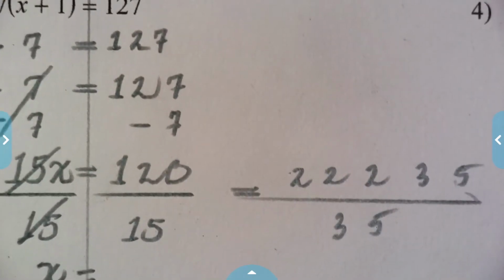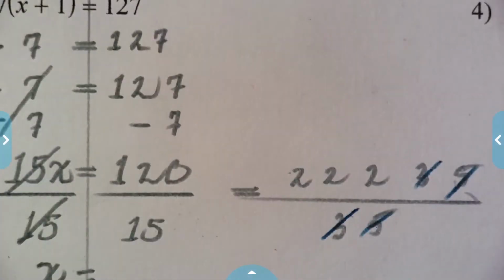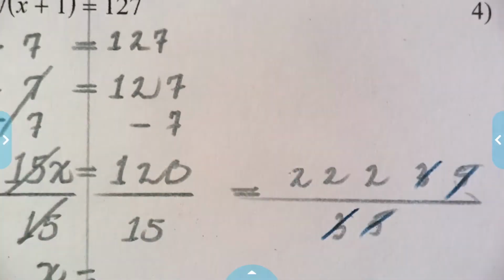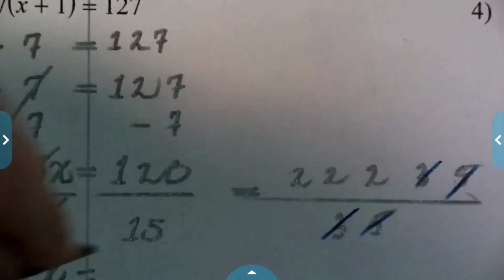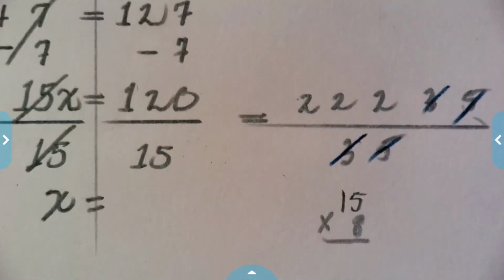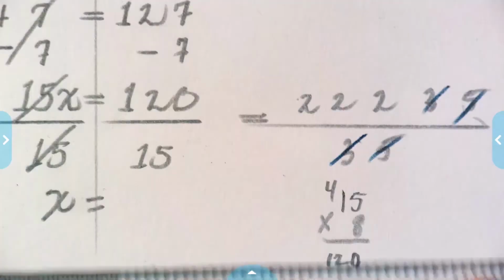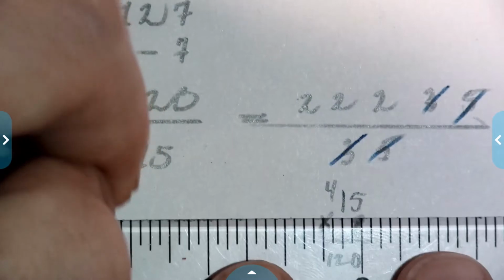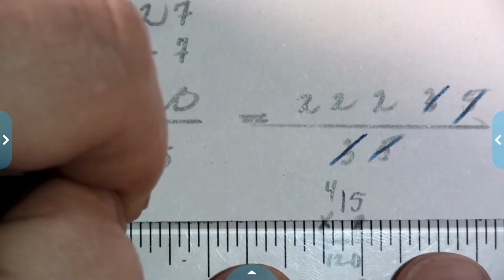And I can just cancel all the terms that are the same, leaving behind 2 times 2 times 2, which is just 8. So let's make sure that 15 times 8 is 120 before we commit that to paper. I got 120. Yep, so x equals 8.